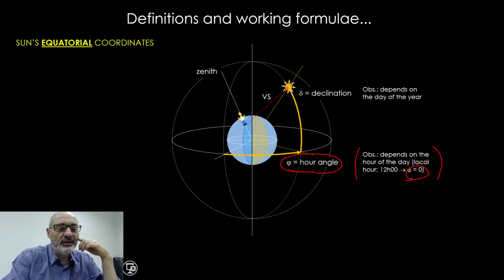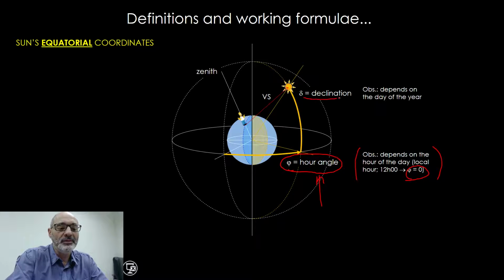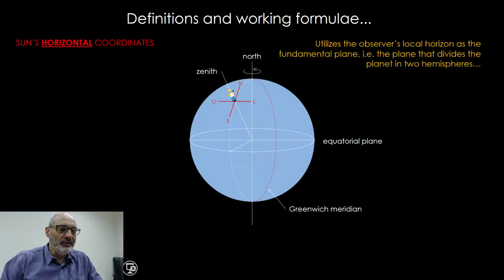So the position of the sun is defined in terms of the hour angle, or simply hour, and also in terms of its declination. The hour angle, of course, depends on the hour of the day, and the sun's declination depends on the day of the year. Let's move on.